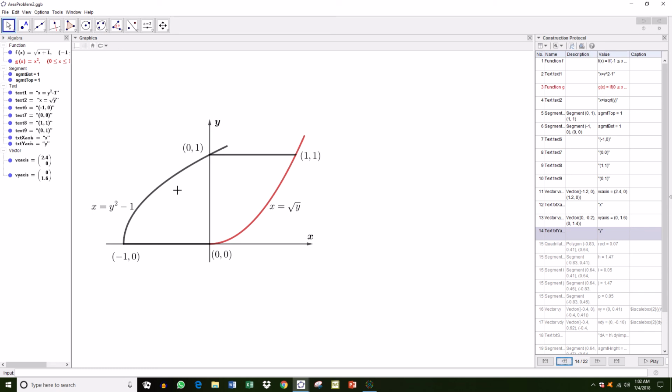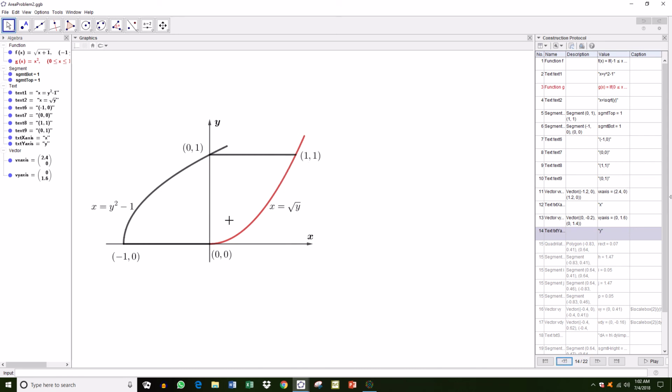So the dark curve and the red curve. And also there's some limitations in the y direction as well, in the vertical direction. So we need to figure out from this line segment to this line segment. So the interval from y equals 0 to y equals 1, and between these two curves, what is the area?